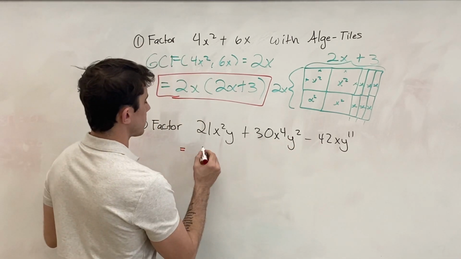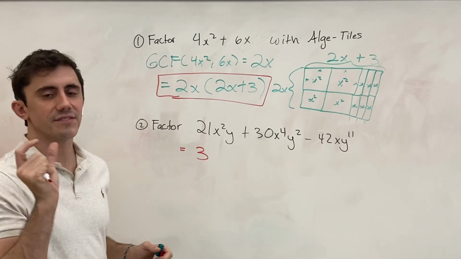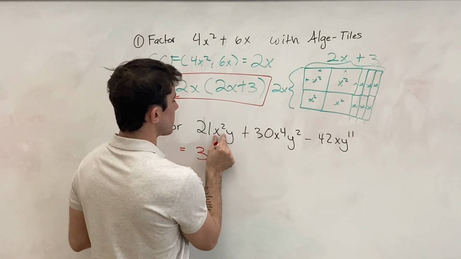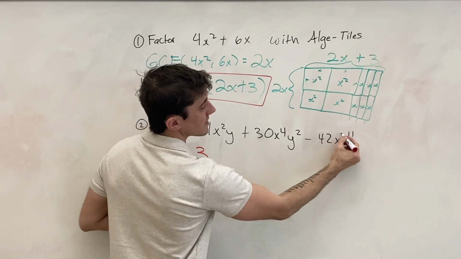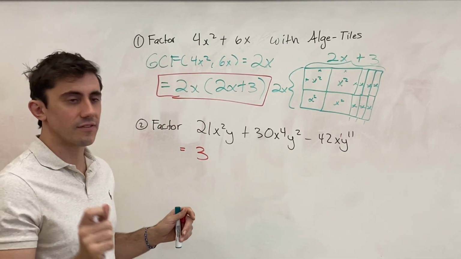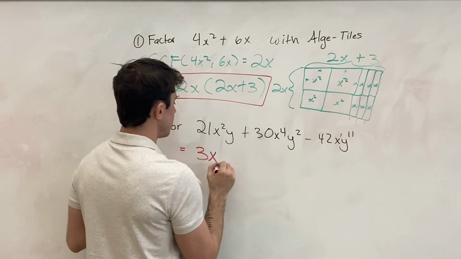Of course, that's 3. For the x's, what is the greatest power of x that we can factor out of all 3 terms? We have 2 powers of x here, 4 powers of x here, and only 1 power of x, right? Because x is implied to be x to the power of 1. So the only factor of x that we can factor out of all 3 terms is x, right?